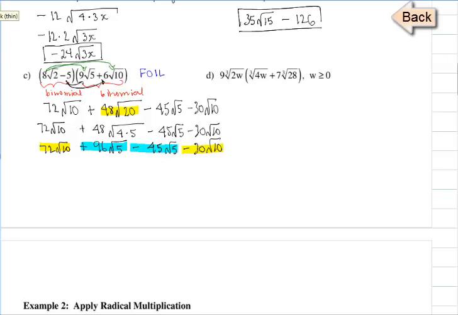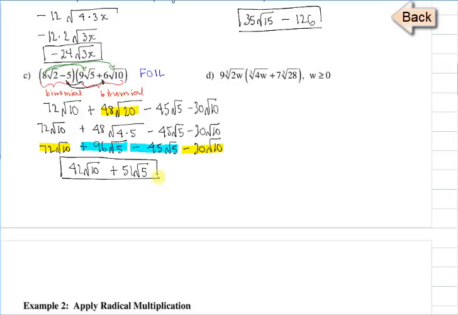So we're going to combine those. 72 minus 30 will give us 42, and then root 10. And then 96 minus 45 will give us 51, and then root 5. And here is your final answer for this question.